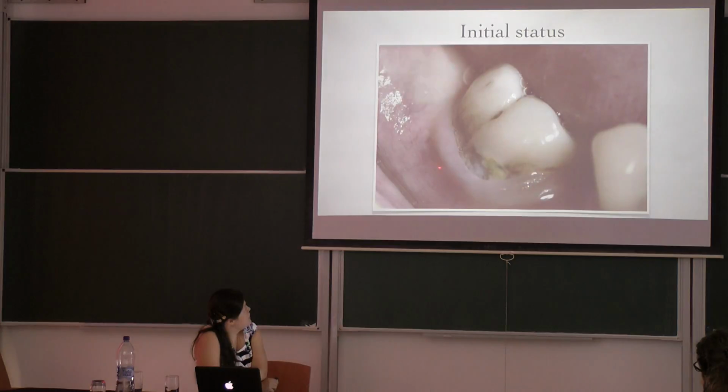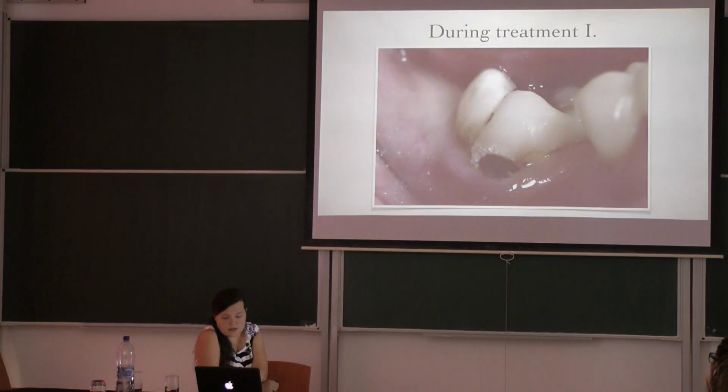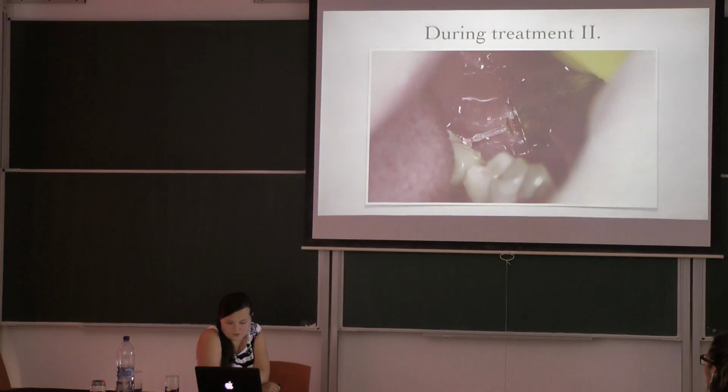All the soft tissue around it, and all these are decay. So I removed some of the enamel which is totally infected, and then I could see the real gap, a real hole.